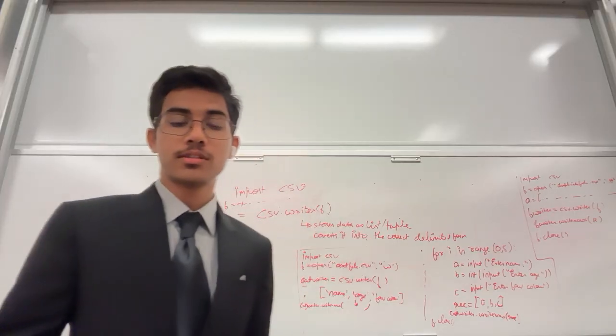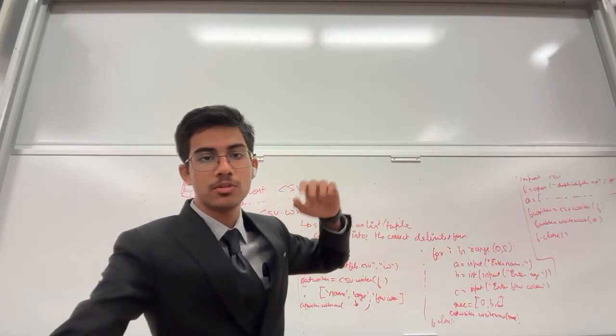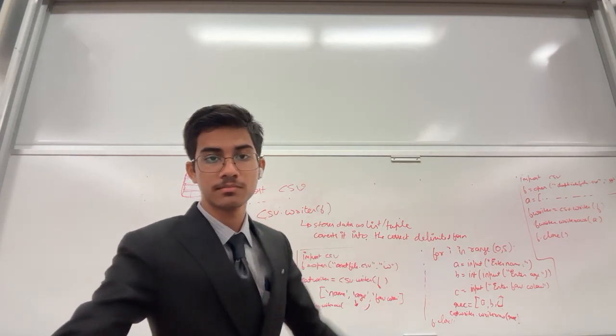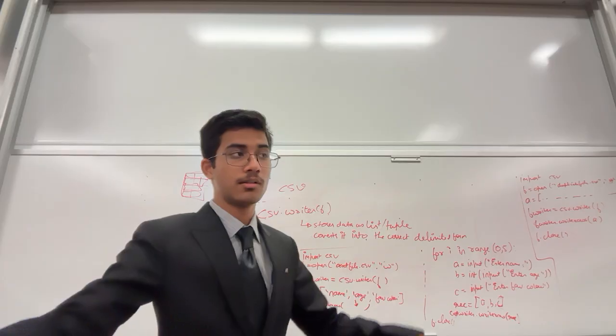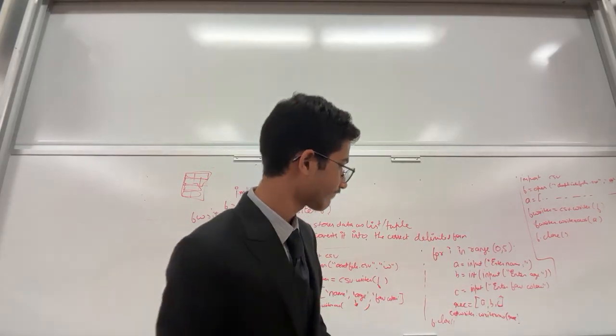So what that did was it took all the data I had in A, converted it into a number of rows of data, and inserted it. So that was our writerows and writerow function.